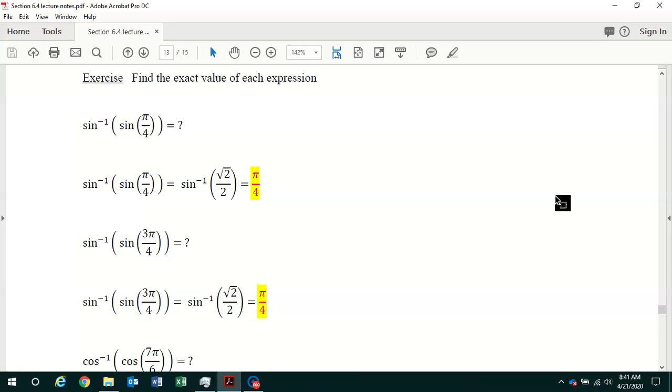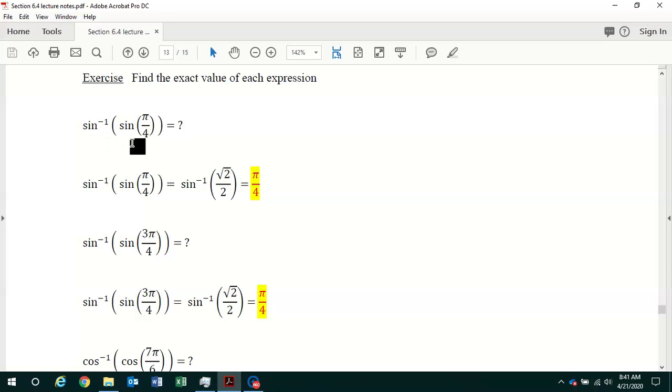Class, in this video we continue our discussion of section 6.4 on the inverse trigonometric functions. On page 12, on the previous page, we did composites of a trig function with its inverse function, where the inverse trig function was the inner function and the trig function was the outer function.